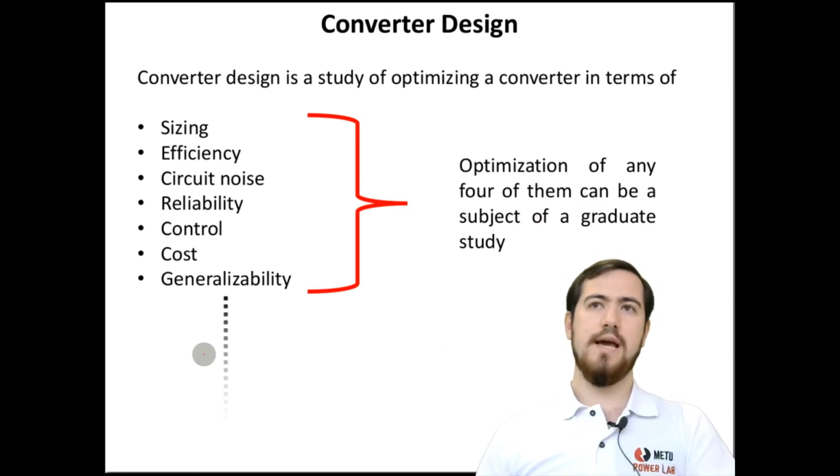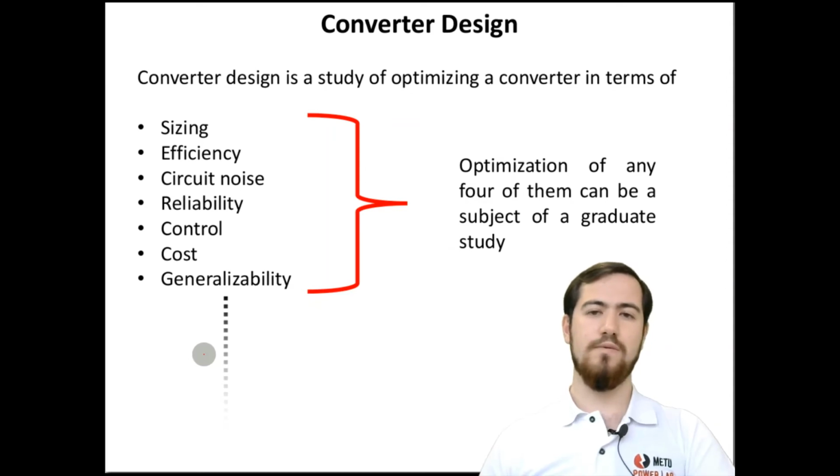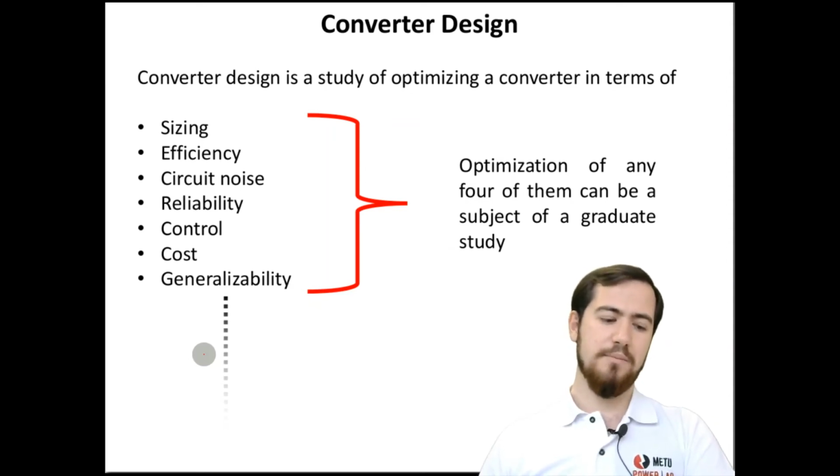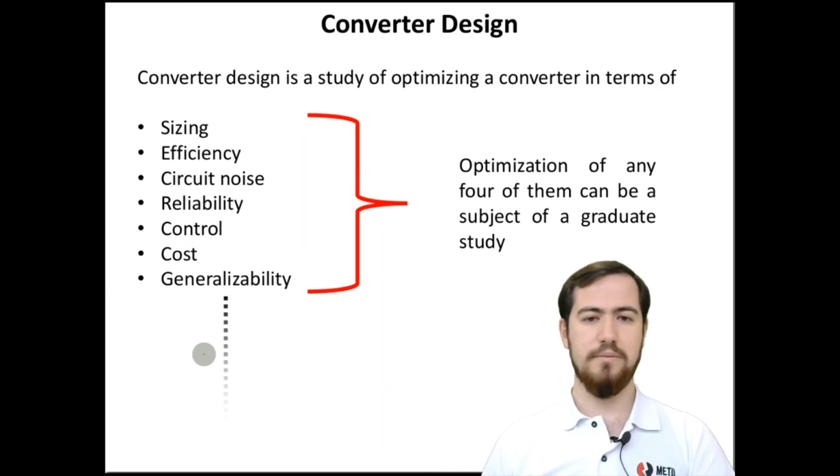Okay, that actually explains many things if we consider converter design in general, because converter design is a kind of study where we try to optimize a converter in terms of some parameters such as the sizing, efficiency, circuit noises, and the reliability issues.